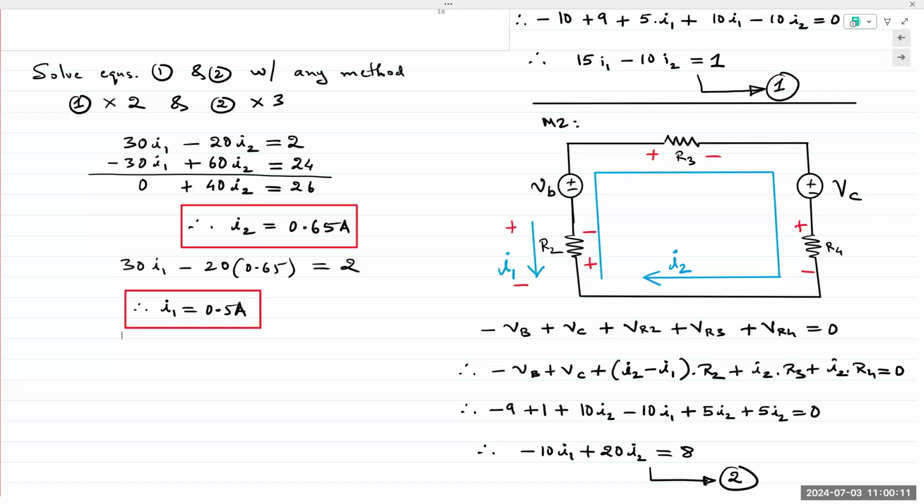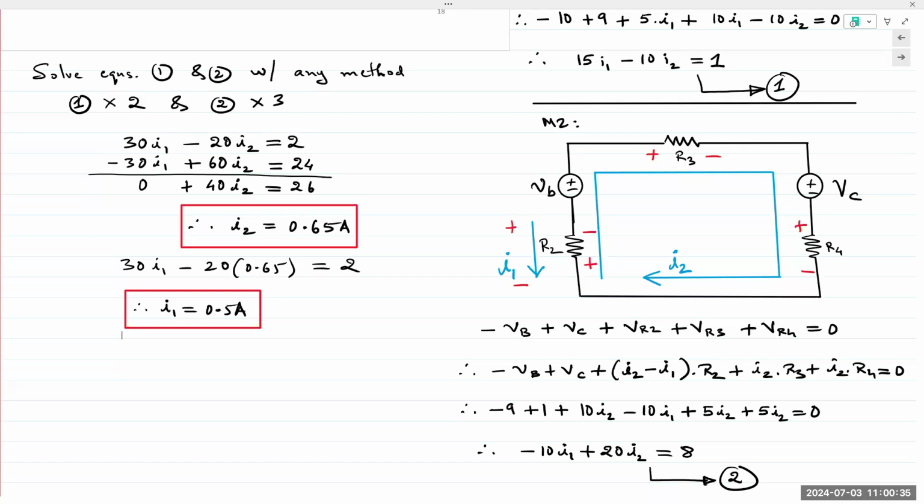Again, once you have the set of linear equations, solve them using your calculators, manual methods, determinants, Cramer's rule, MATLAB, anything. This is the procedure and the steps make sense. Okay.